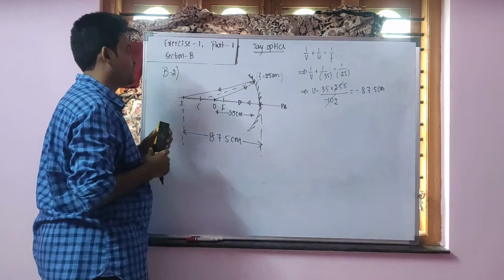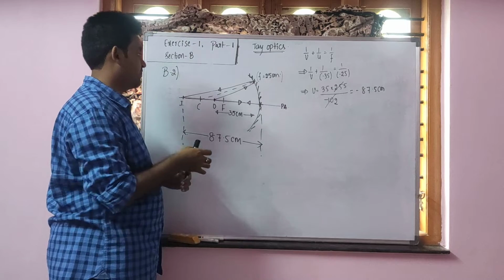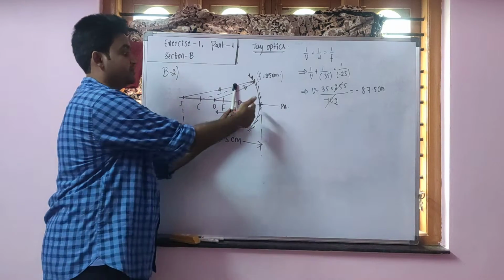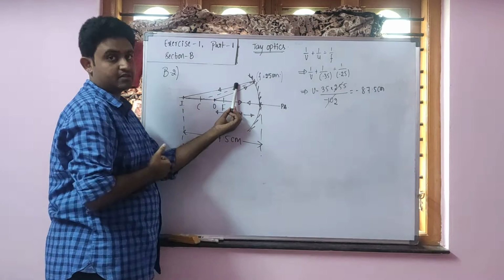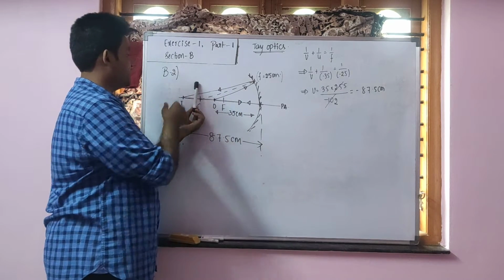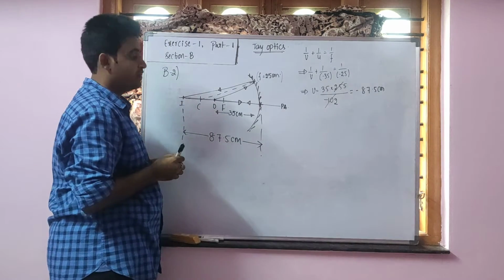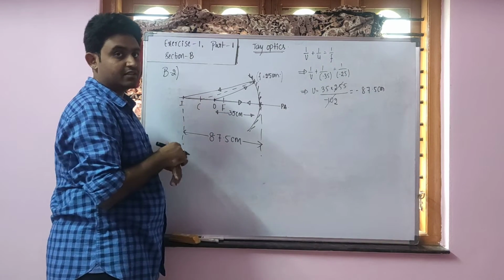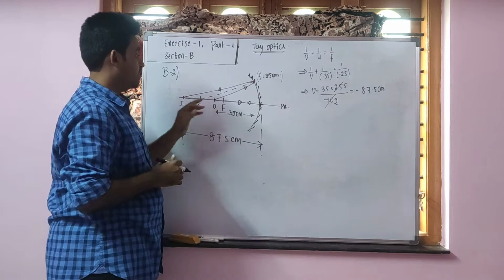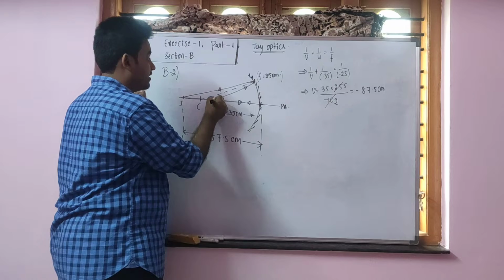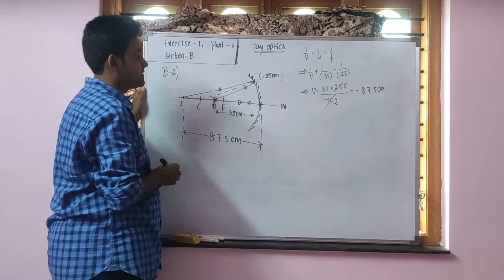Now I have three regions where I can place a plane mirror. I can place a plane mirror between the pole of the curved mirror and the object, or between the image formed by the spherical mirror and the object, or beyond the image. Let us see where there is a chance that the image formed by the plane mirror is going to form at the same place where the original object is placed.